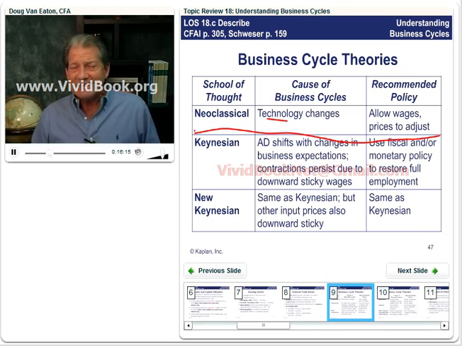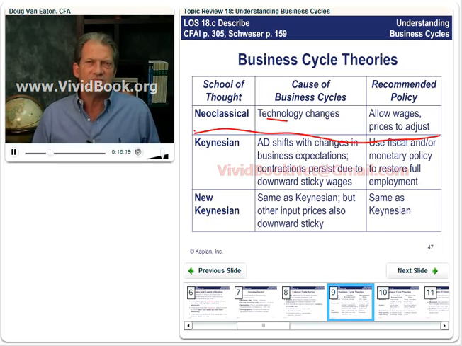Well, Keynes came up with a reasoning as to why this underproduction was long-lived. And he said, you know what it is? The neoclassical folks said wages and prices were going to adjust. And Keynes said, you know, these wages are sticky. They're not adjusting. So what can we do?